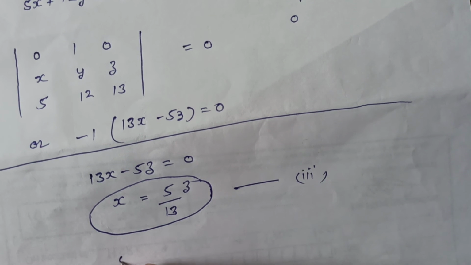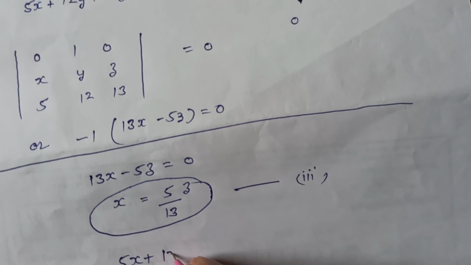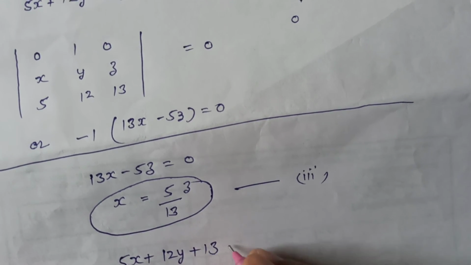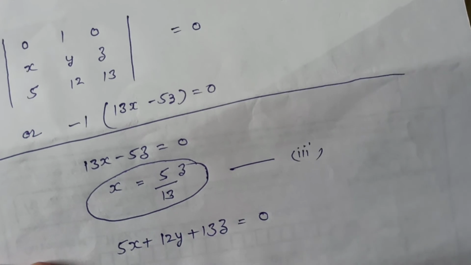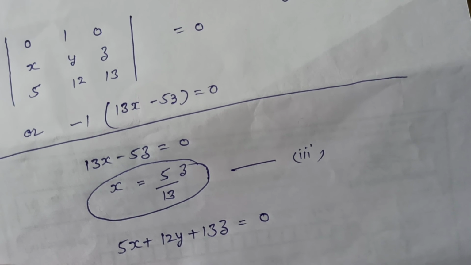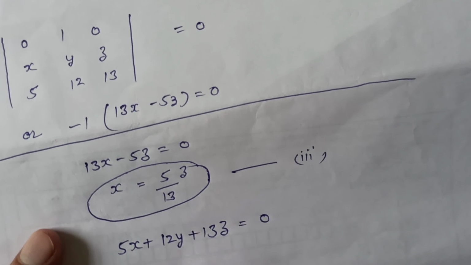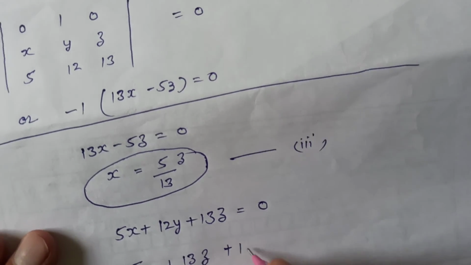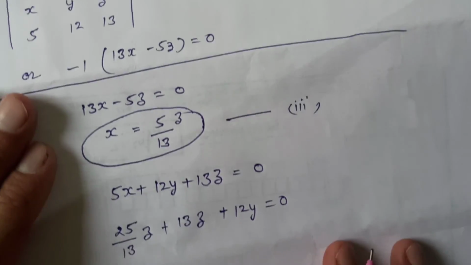Use this equation in 5x plus 12y plus 13z is equal to 0. That is, 5x is 25 by 13 z, plus 13z plus 12y is equal to 0.